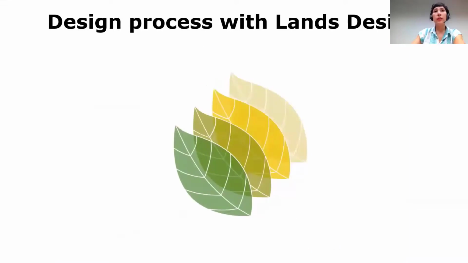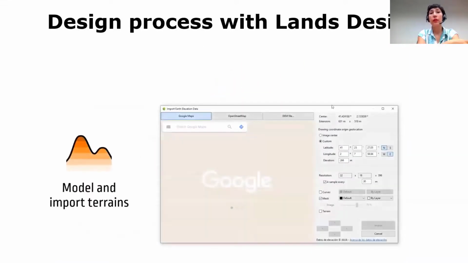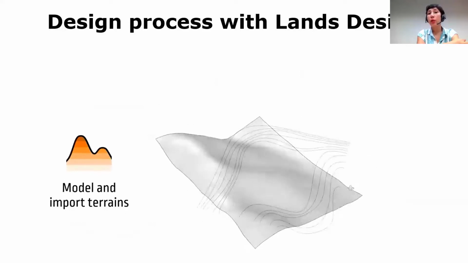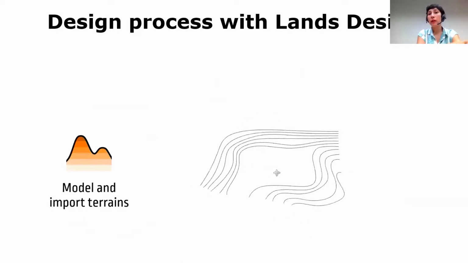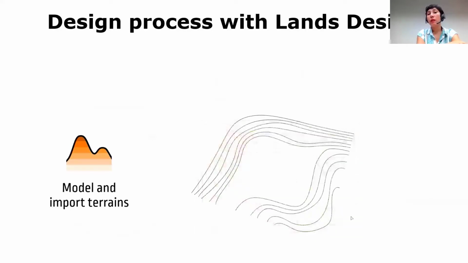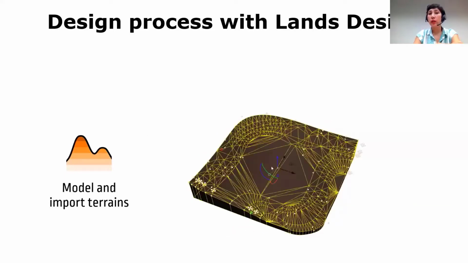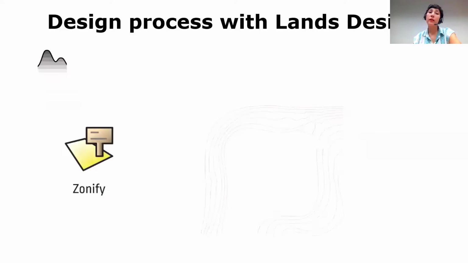So let's see how is the design process with Lands Design. Basically, we can start designing by importing the terrain from the map, or if we have topographic contours, we just elevate them with a specific command in Lands Design and then create a terrain based on that. Once the terrain is created, we can do any kind of modification on the terrain by applying specific commands of Lands Design.